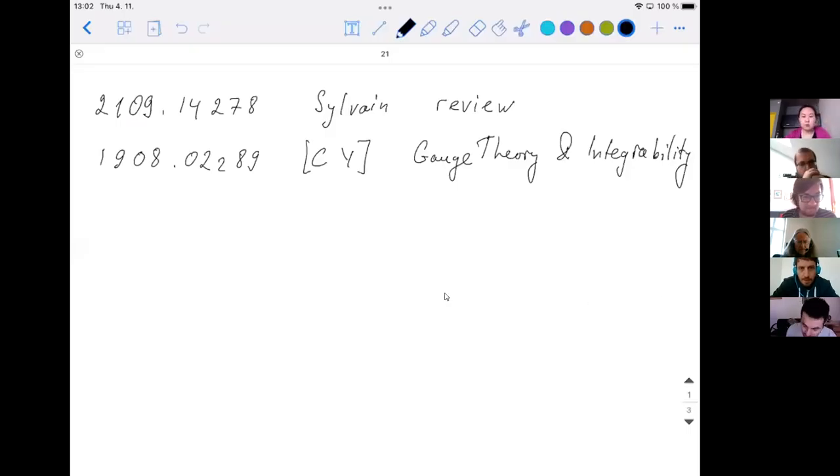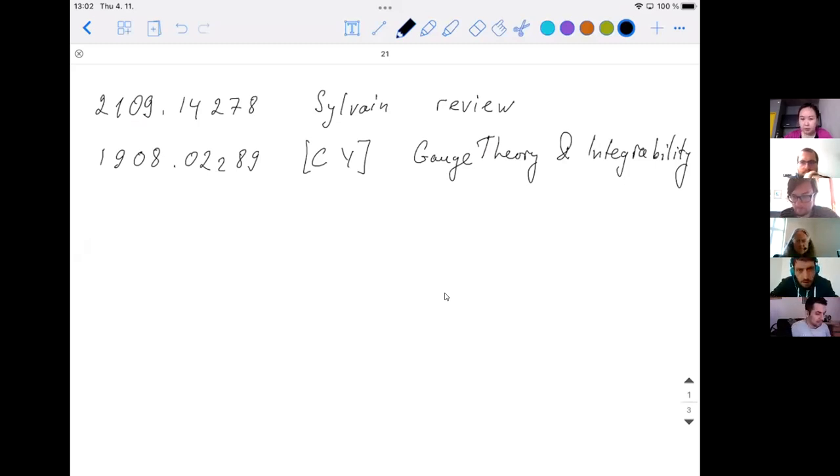So today I wanted to talk about this four-dimensional Chern-Simons theory and its relation to the two-dimensional integrable field theories and how to construct this landscape of integrable field theories.